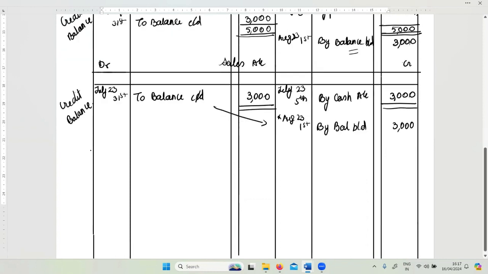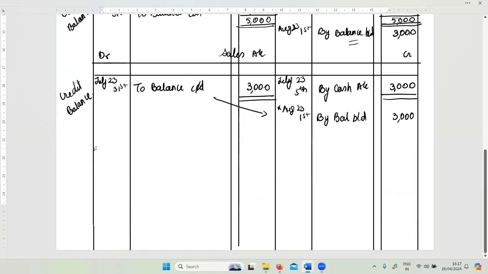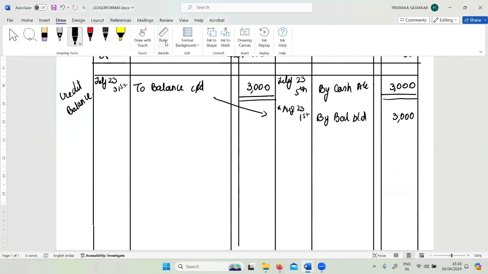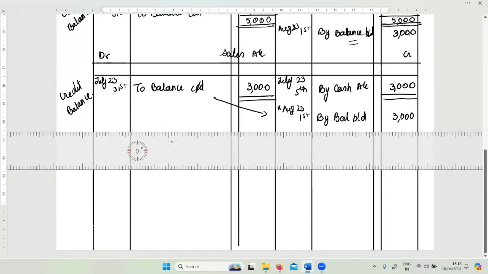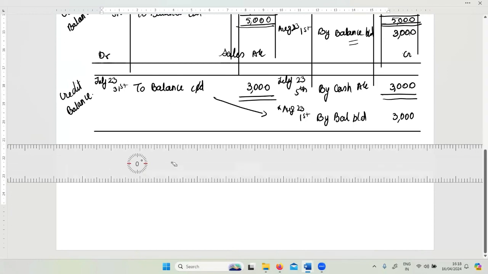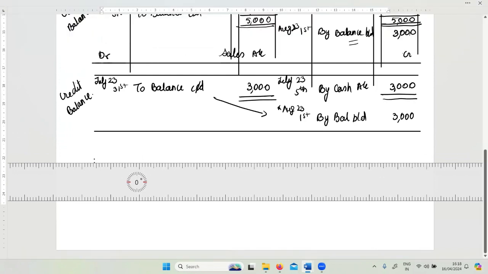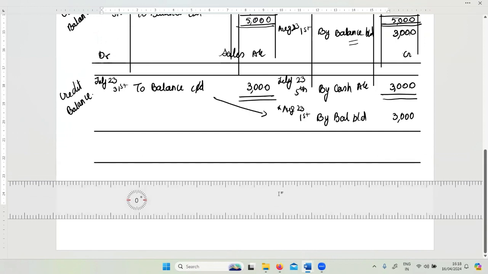Fine. Now, once you've got these balances, our next job is to understand that based on the ledger accounts only, we prepare the trial balance. So for that purpose, I am going to prepare the format of a trial balance. Now, how is the format of the trial balance? A trial balance is basically prepared on a specific date.